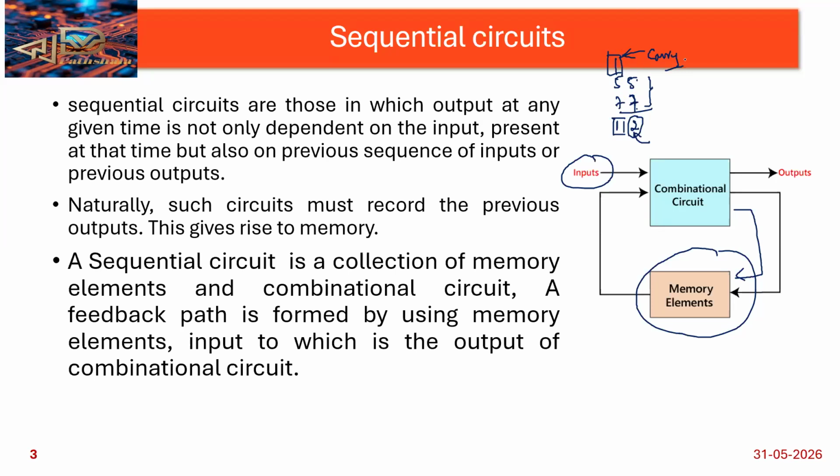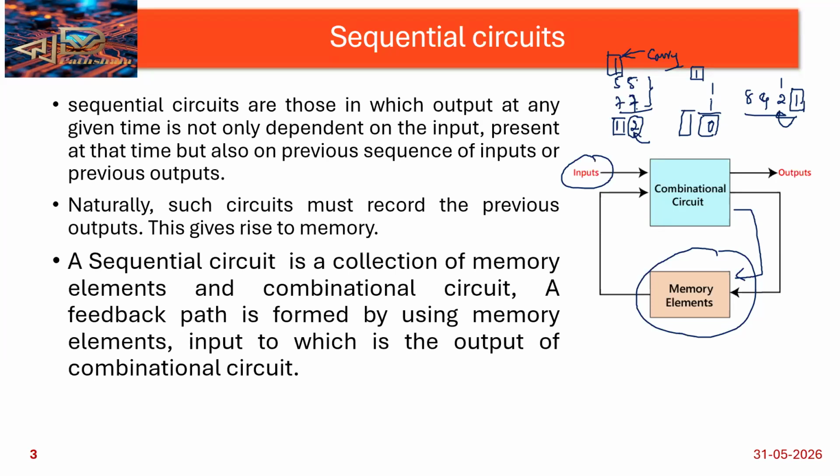Suppose 1 plus 1 you are adding, then we get 0 here and 1 goes to the next one, because we add in the weights 1, 2, 4, 8. This is the LSB bit and this is the next bit toward the MSB. The sum is added here and the carry goes to the next value. So that is forwarding the carry when we are adding the two numbers.